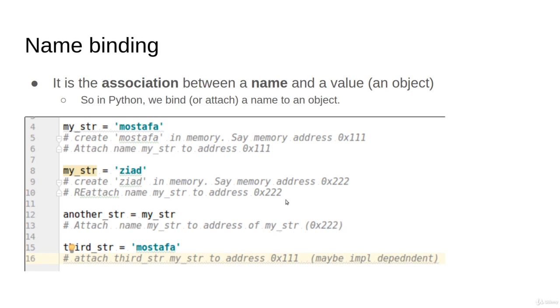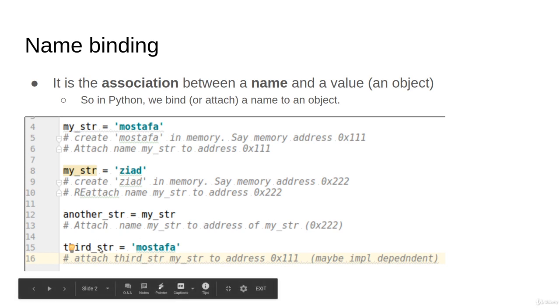So another_str and my_str both look to the same memory address. If you assign a third_str to Mustafa, which is already in memory at 111, the third_str will be attached to 0x111. This is a bit implementation dependent, but anyway, for simplicity for now.